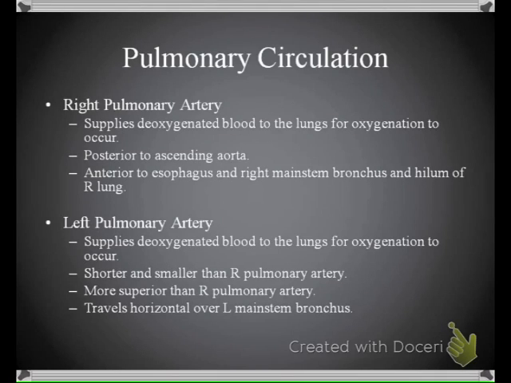So even though we've already talked about this and discussed it in full, we still need to review once again the pulmonary circulation. The right pulmonary artery, which we saw coming out from the pulmonary trunk, is in charge of supplying deoxygenated blood to the right lung for oxygenation to occur.